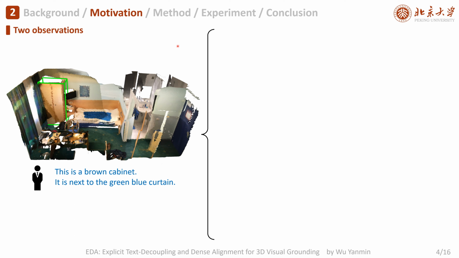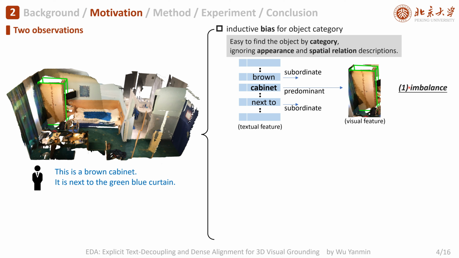However, we observe 2 limitations in existing methods. One is the imbalance in feature learning. For instance, in the given language description of, "This is a brown cabinet. It is next to the green-blue curtain," there is only one instance of the cabinet in the scene. The model tends to rely heavily on object categories for inference, thereby taking shortcuts and neglecting the learning of appearance attributes and spatial relationships.